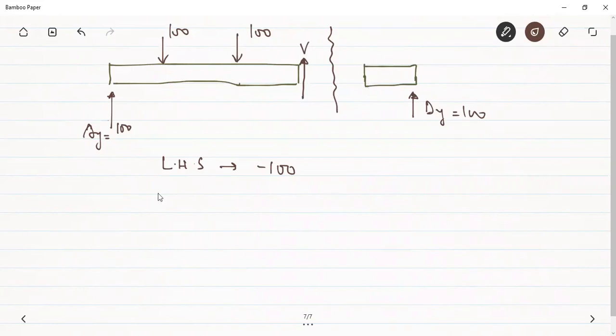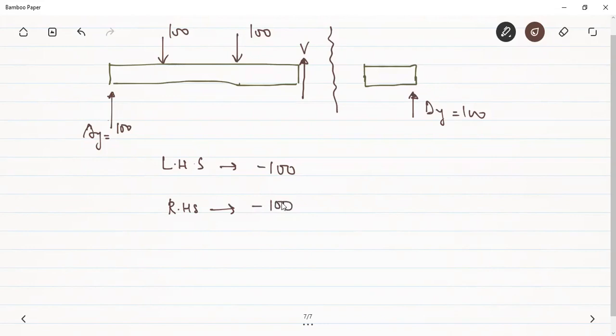Now, taking the right hand side of the section. On the right hand side, I have only one force, that is 100, and that is upwards. So if the force towards the right side of the section is upwards, is it positive or negative? Again, it is a negative shear force. Okay, you can look at the sign conventions again.